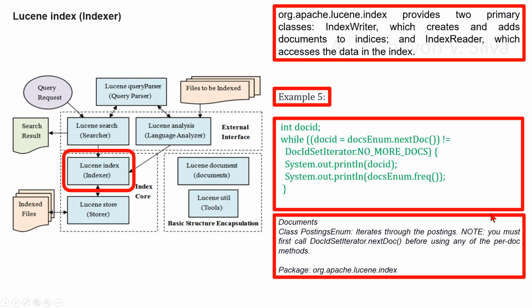Here with the documents, you can see the class PostingsEnum is a variable, which iterates through the postings. Note you must first call DocIdSetIterator.nextDoc before using any of the per-doc methods.